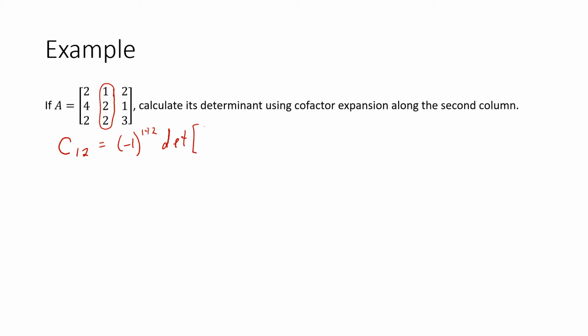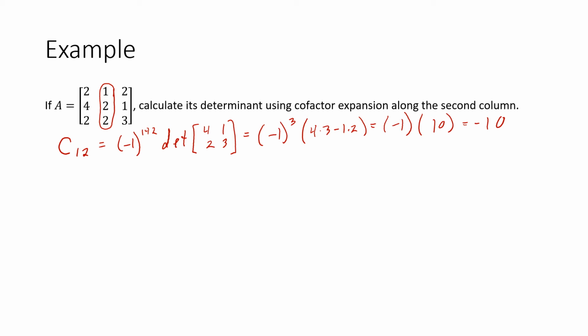You have 4, 1, 2, 3. So that's equal to negative 1 to the 3 times that determinant, which is 4 times 3 minus 1 times 2. That's equal to negative 1 times 12 minus 2, that's 10. So we have negative 10.